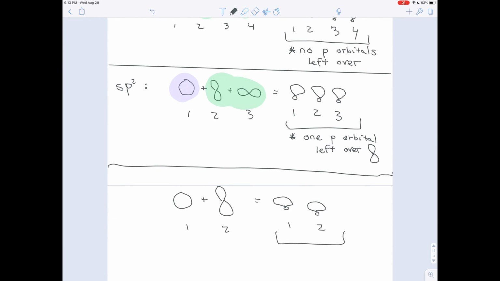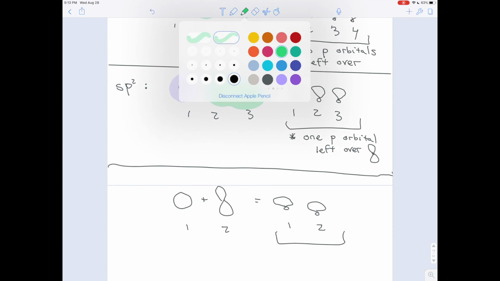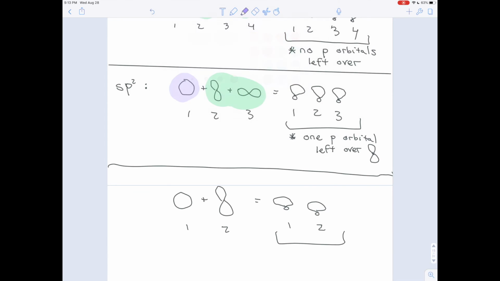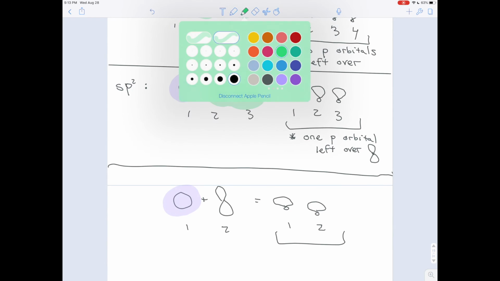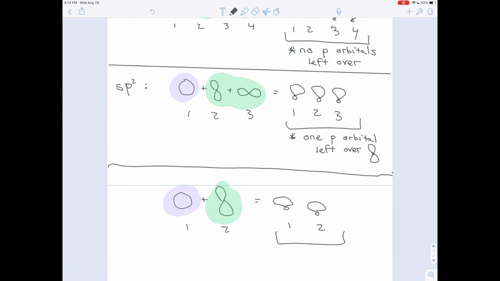And so these new Frankenstein orbitals are named after the things you mixed together. You mixed 1 s orbital with 1 p orbital, and so these are called sp orbitals, because you mixed 1 s with 1 p.